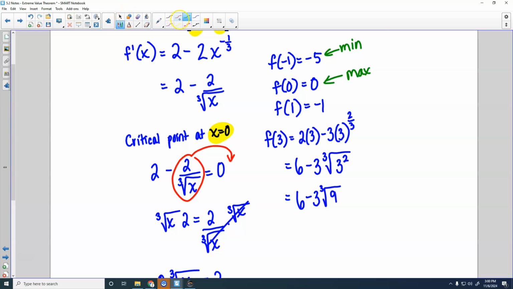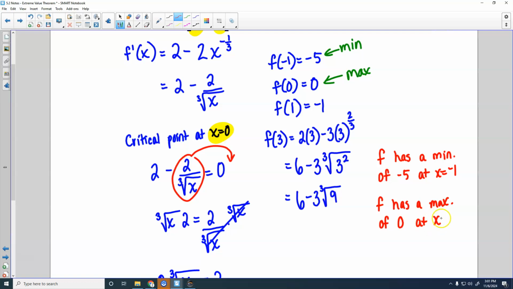So we would say that F has a minimum of negative 5 at x equals negative 1, and F has a maximum of 0 at x equals 0.